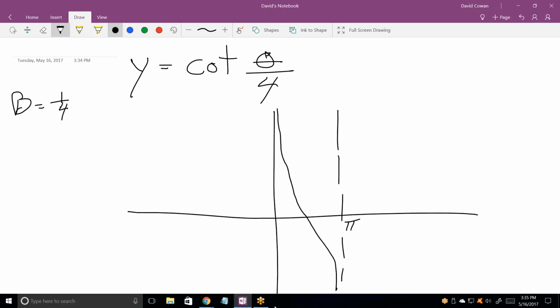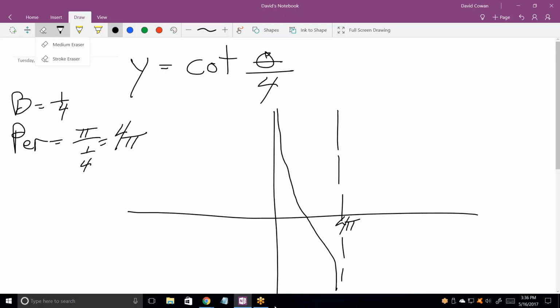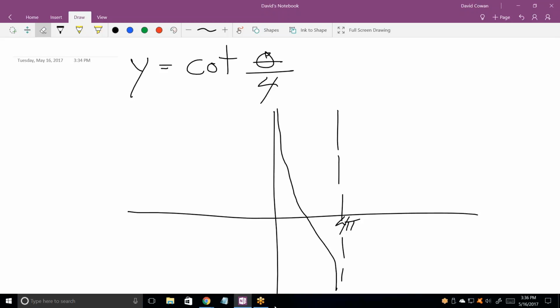So what's the period? Pi over 1/4. So it would be 4 pi. So rather than redraw my curve, let me just label that 4 pi. And that's what I meant by don't label your x-axis until you figure out what your period is.